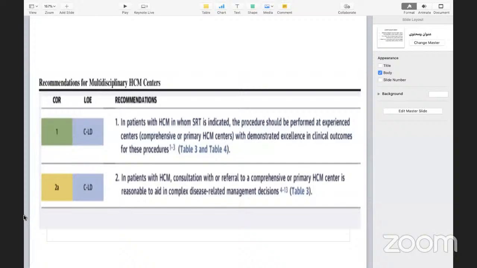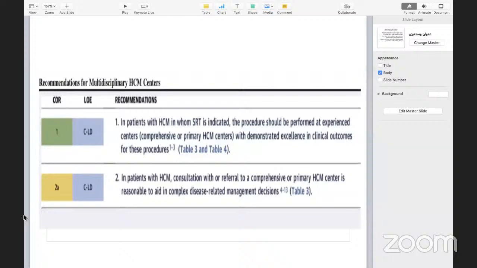So when we talk about management of such a disease, we have to have a multidisciplinary approach. I believe that this disease has to be managed in an experienced center, as recommended in the guidelines, and the case of HOCM should be presented to different teams, so you can take a decision if the patient is going, for example, for medical versus surgical or interventional treatment.